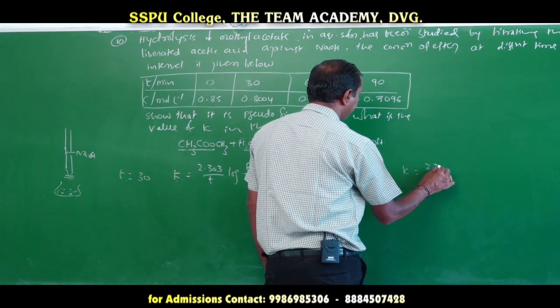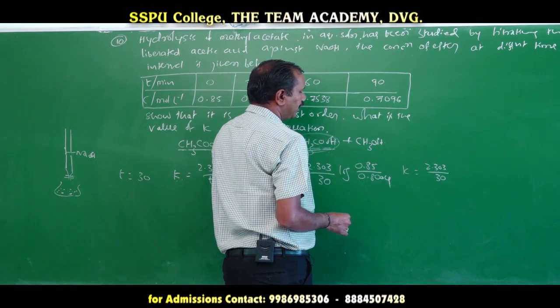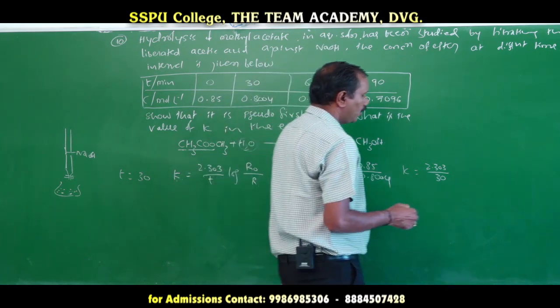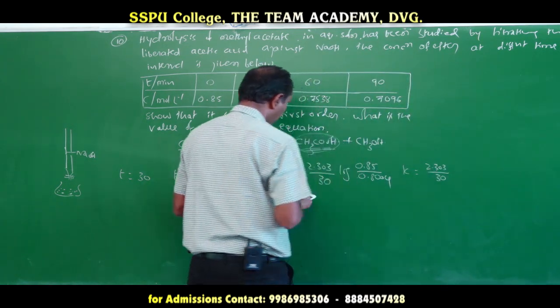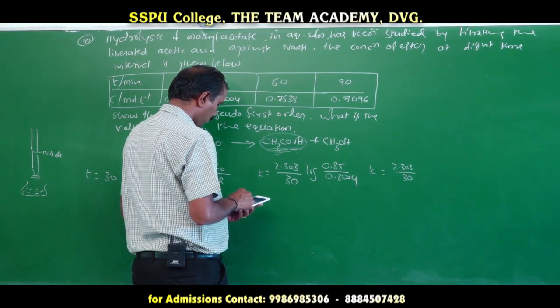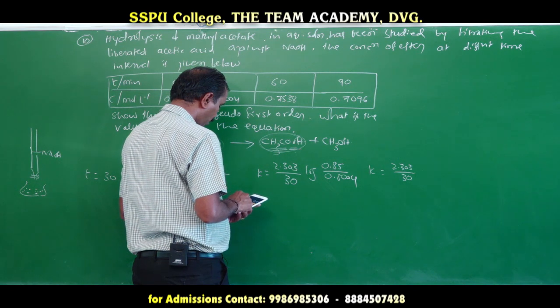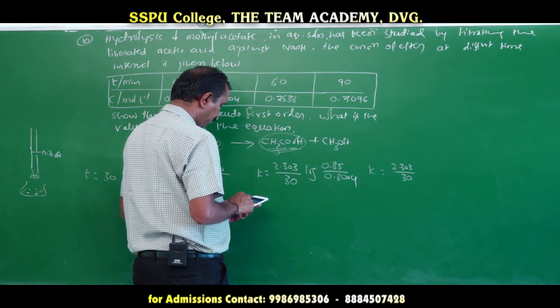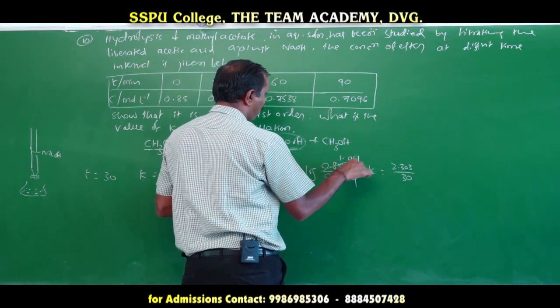2.303 by 30 into 0.85 divided by 0.8004. So, 0.85 divided by 0.8004, that value is 1.061.